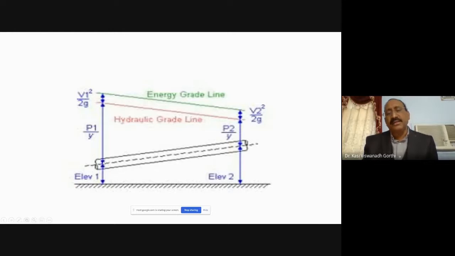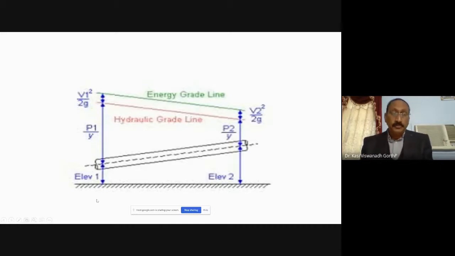So from section 1 to section 2, there will be resistance, and to overcome this resistance, some energy would be consumed. So the total energy at section 1 is not equal to the total energy at section 2. There will be a difference of these total energies from section 1 to section 2, which is called the loss of head, energy loss, HL.